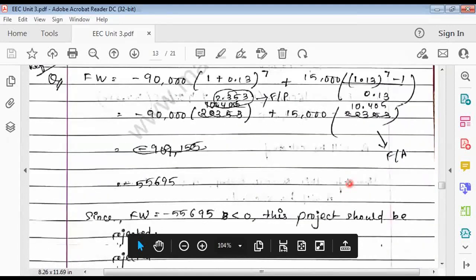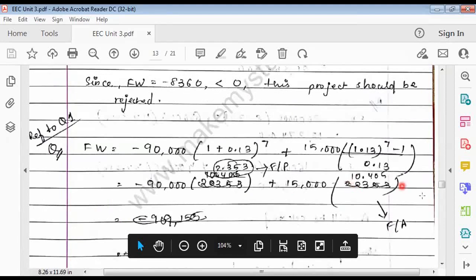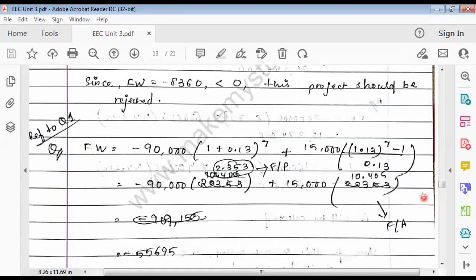Look at the solution. 90,000 is the initial investment, and 15,000 is the annual return for 7 years. Minus 90,000 times, which formula has been used? The first formula, the normal compound interest formula, has been used, and very rightly so. Why?